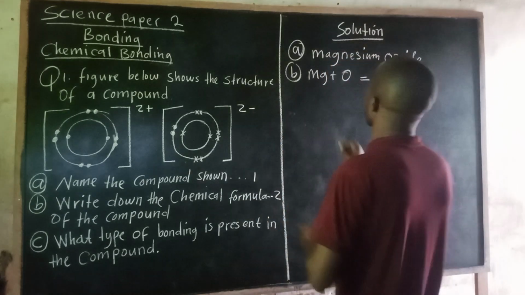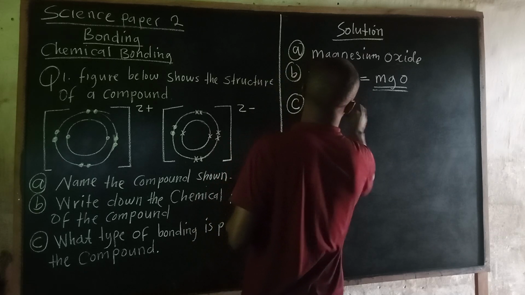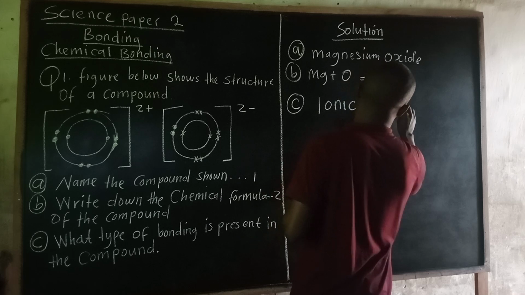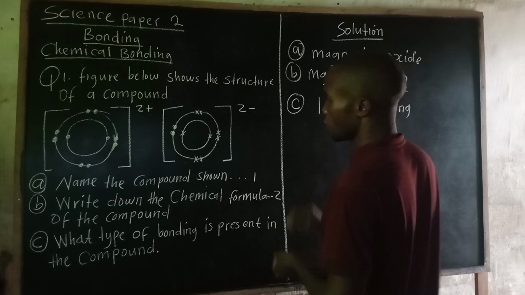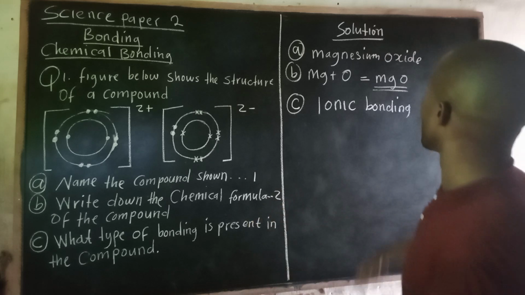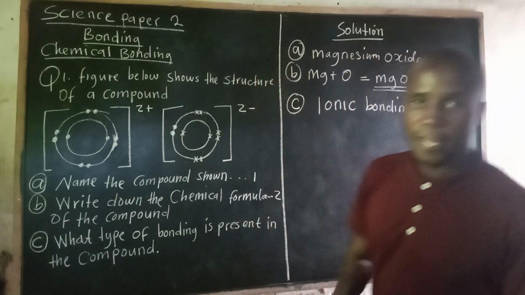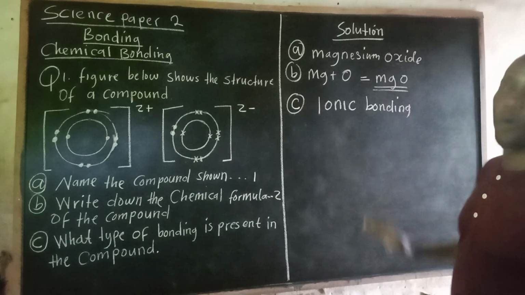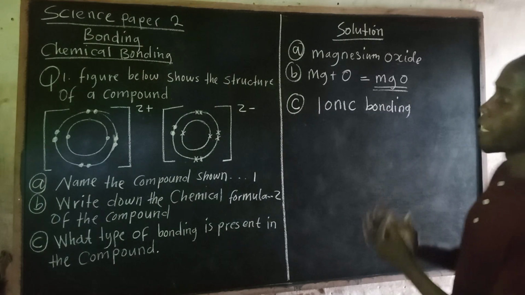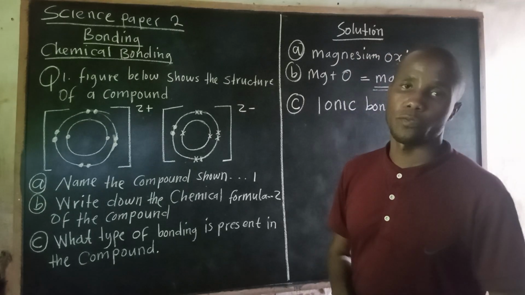So the answer for question C is ionic bonding. What type of bonding is present in the compound? Ionic bonding. Hence the answers. So we have answered this question. This is how we answer examination questions in science paper 2.